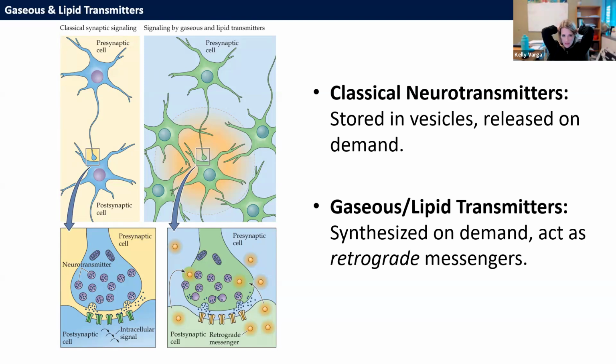So wait, Dr. Varga, I thought you said that it's only one-way direction. It is. The action potential is always only going to come down the axon, hence the name action potential, and hit that terminal and either fire or not fire. Send the neurotransmitter out or don't send the neurotransmitter. Electrical to chemical, pre to post.